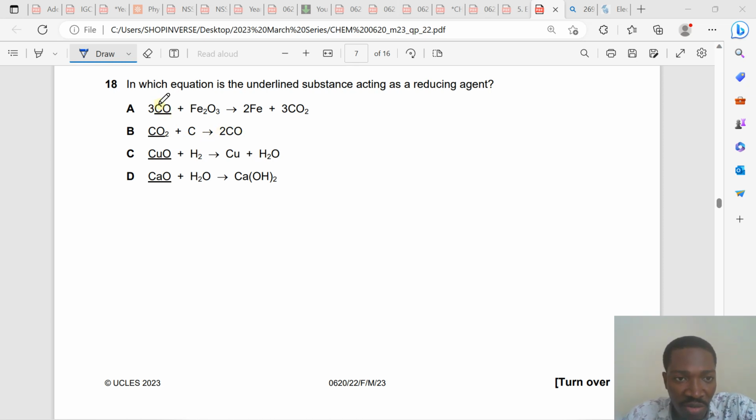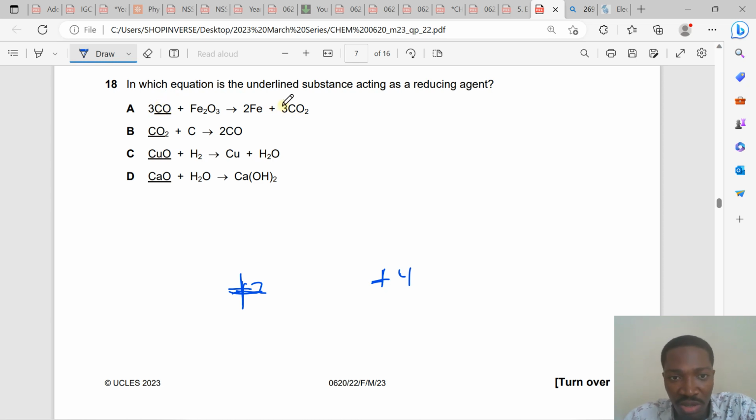Here, in CO, carbon(II) oxide, the oxidation number of carbon is +2. In this case, it's the same thing; this carbon(IV) oxide has carbon with oxidation number +4. So if oxidation number has increased from +2 to +4, that means this substance is oxidized. And take note that what is being oxidized in the reaction is the reducing agent.